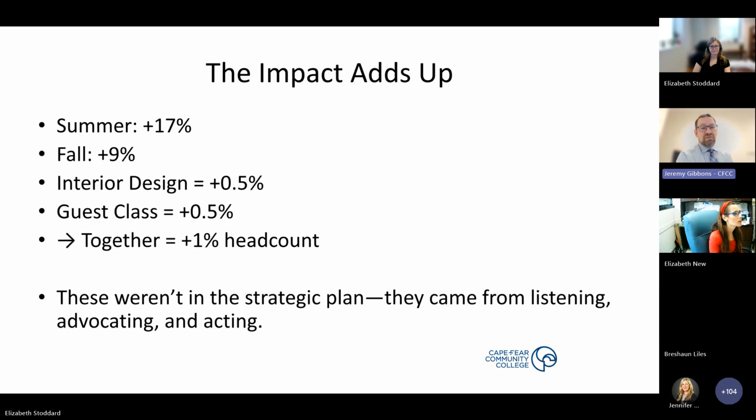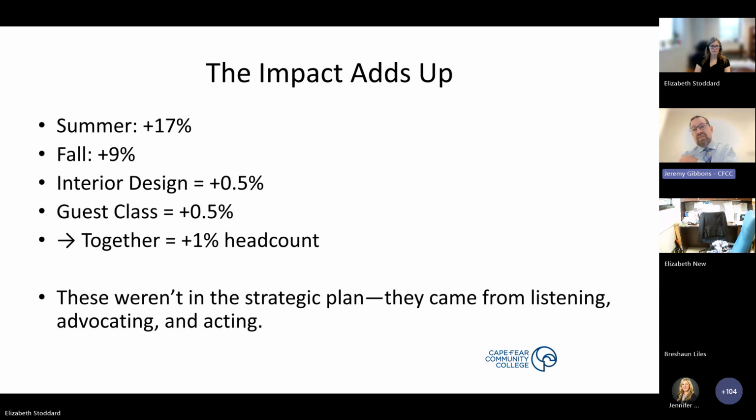Looking at some of these examples right now, these aren't final numbers, we all know, but for summer, our headcount is up 17%. Our goal was 5%. Right now for fall, we're trending 9%, and that's been holding pretty steady. We're going to be working to move that needle a few more percentage points over the month of June.